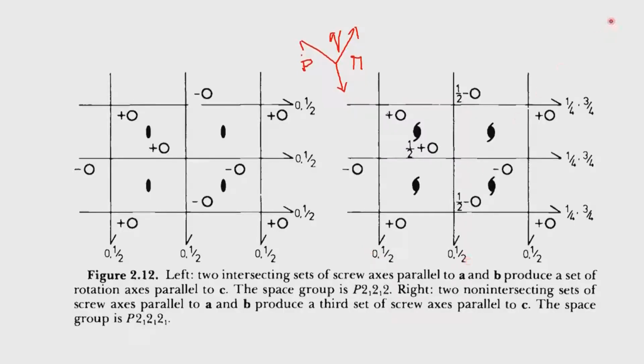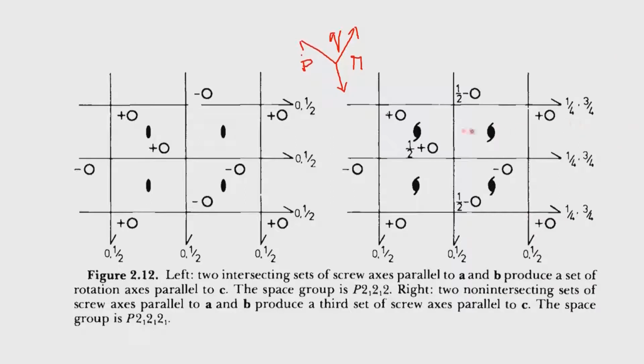Anyway, we do not need a 0 0 0 because this is a non-centrosymmetric space group. And so we have one axis corresponding to 0.5 and the other axis corresponding to 1/4 and 3/4. So we have 1 two-fold this way, 1 two-fold this way, removed by 1/4. Earlier they were coincident. The moment you coincide, the third axis becomes a two-fold. That is the space group 2 2 2 1 which we have shown here. So in order to get 2 1 2 1 2 1, we have to move this by 1/4 3/4.